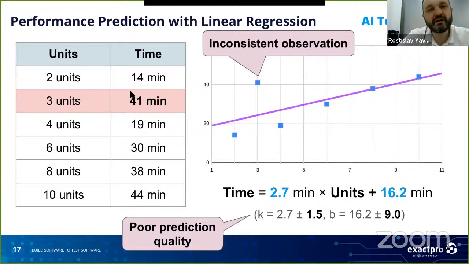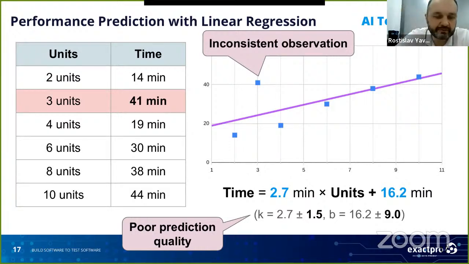So definitely there is some error here, and I would suggest you either remove this measurement or repeat it, but definitely before this decision, you need to figure out that you have this inconsistent measurement in your data set. And this is exactly what we call anomaly or outlier.